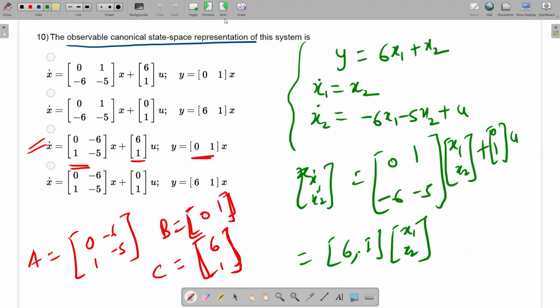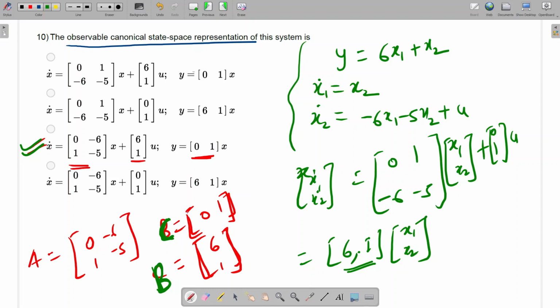B will be the transpose of C here. So what is C? This is C. So B will be the transpose of C and C will be the transpose of B. According to this, this is the correct option. Is it clear? No doubt, sir. Okay.